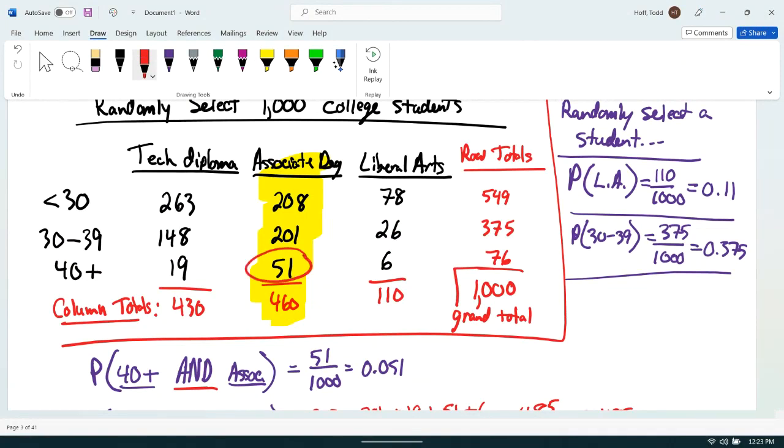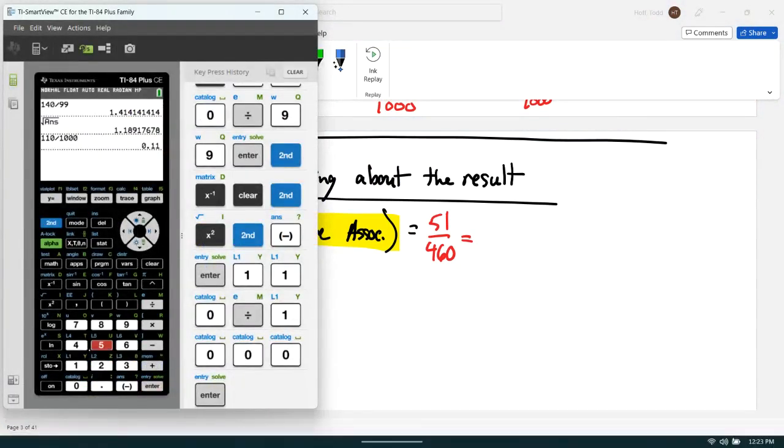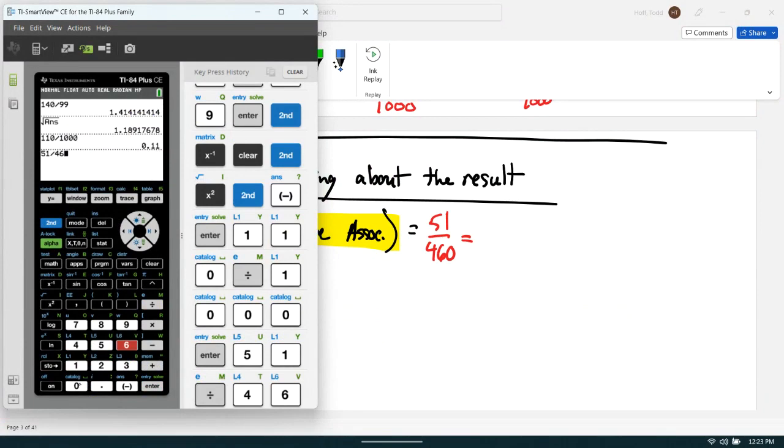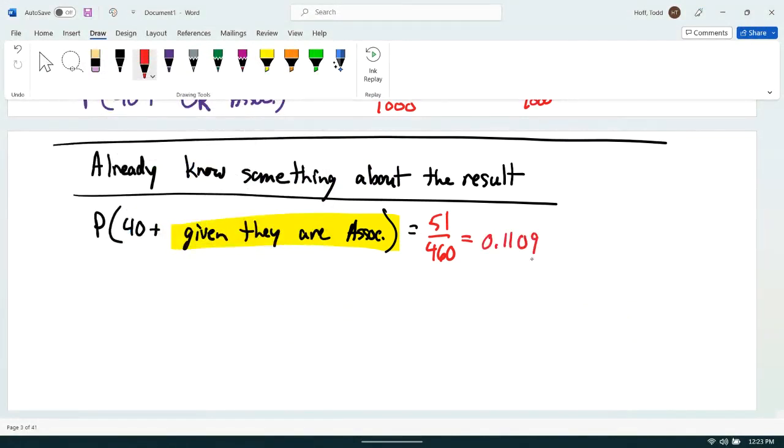We have 51 that are 40 plus, only out of the 460 now. We're not looking at all 1,000 students because we already know that this student is an associate degree. So we're only looking at the 460 associate degree students. So this probability becomes 51 out of 460, which gives us 0.1109.